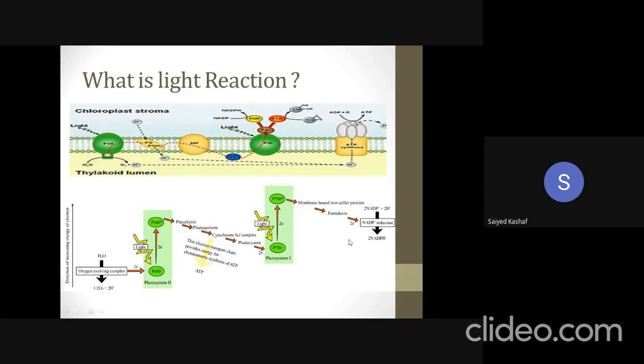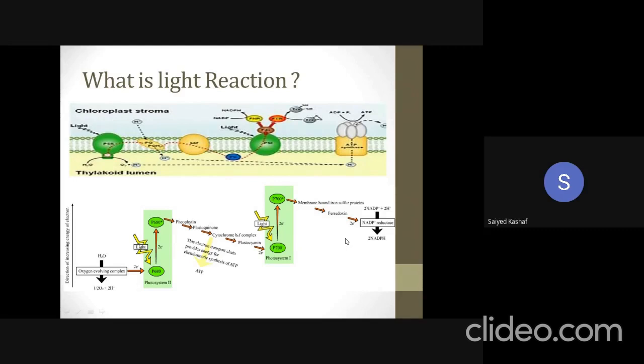Into 2NADPH+H+. Now the major objective of the light harvesting complex, the prime objective, is the production of assimilatory power. So which are the assimilatory powers here? ATP and NADPH. So the prime objective of light reaction is to produce assimilatory power, right?